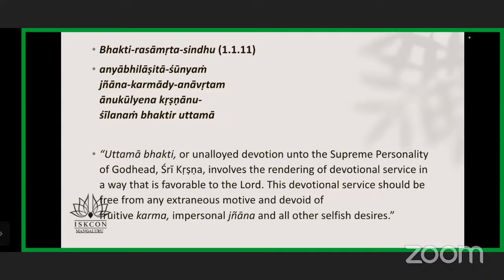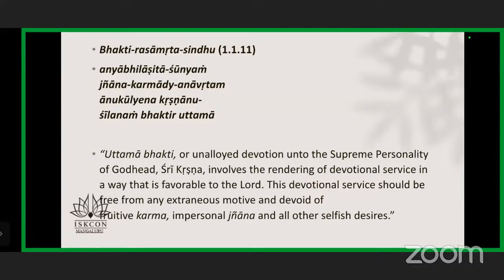This is actual jnana. The impersonalists praise the impersonal Brahman as if he does not have hands and legs. He's just a light. That's not the thing. He has a personality. So that is also not appreciated by a devotee. So, anukulyena Krishnanushilanam.